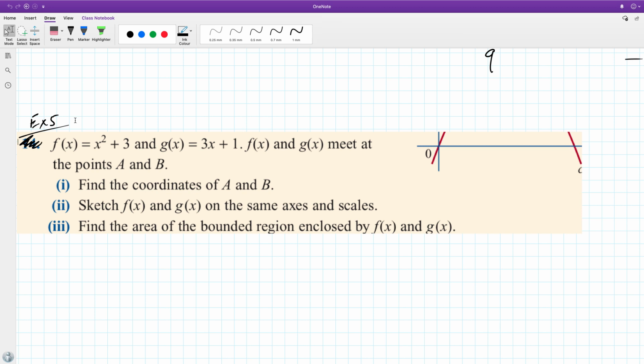So for example, x squared minus 3. So whatever the square root, plus or minus the square root of 3 is. So we have 1.7 and negative 1.7.